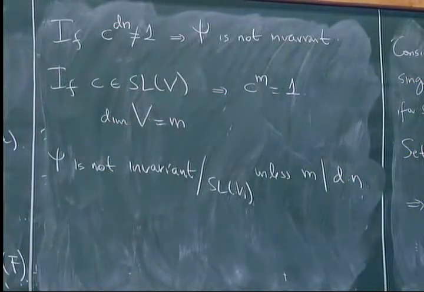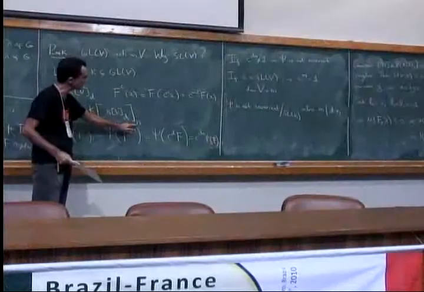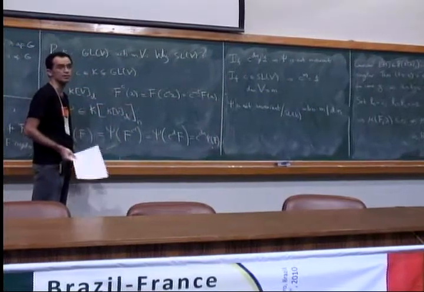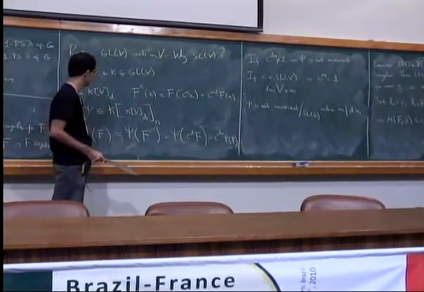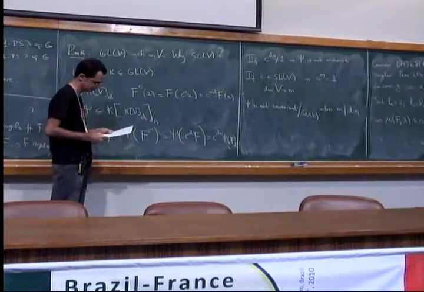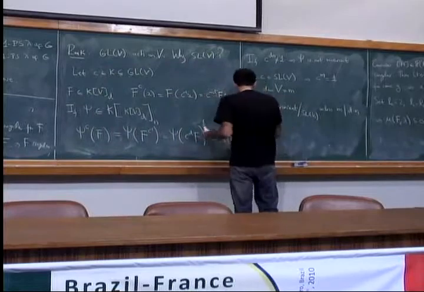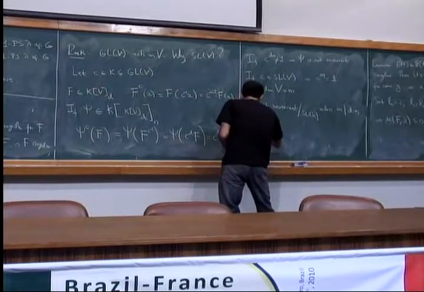Okay? So that gives you actually a condition on the degree of the invariance. So the n that appears here cannot be just n. N times d must be divisible by m. So it's a necessary condition to be invariant. And then you can show that there are invariants of that degree, but that's another matter.